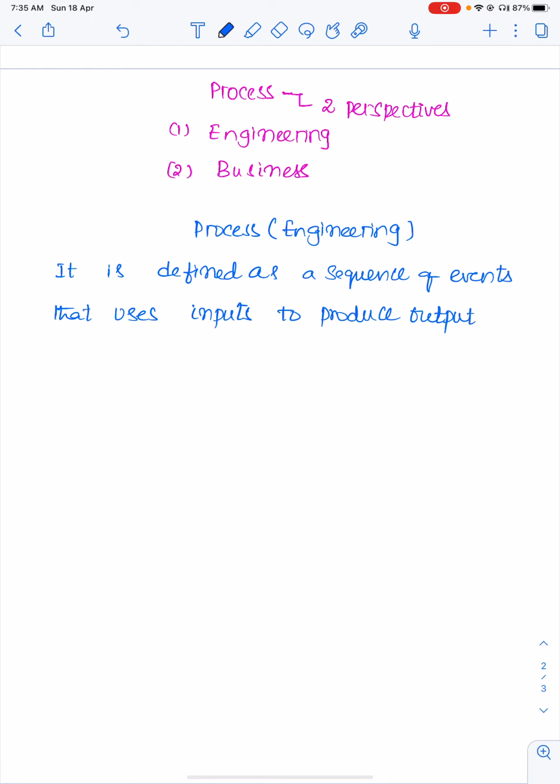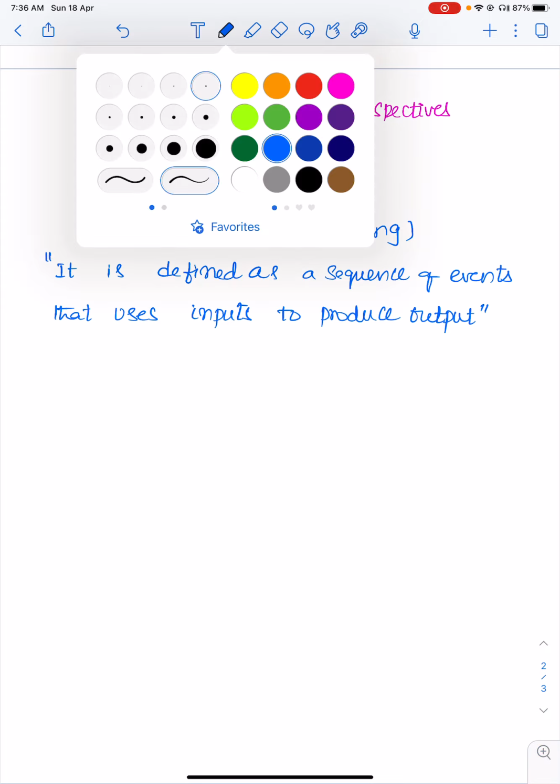A small definition for a business process from engineering perspective.